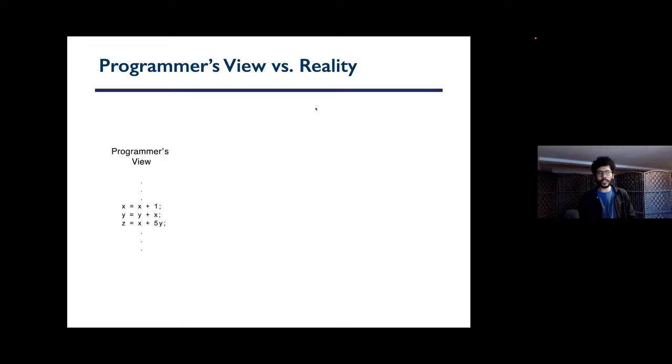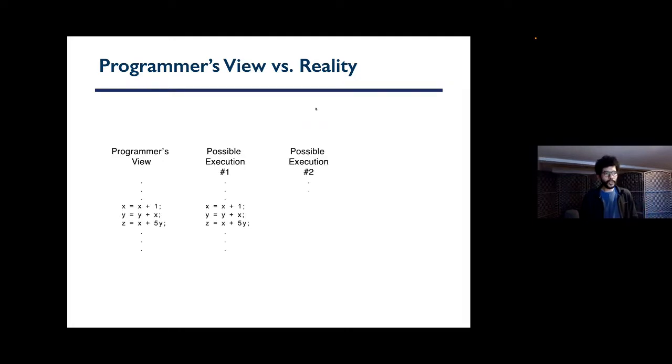So when you are coding, you have something like this: x equals x plus 1, then y equals y plus x, and so on and so forth. And when you're coding, your assumption is the first line executes, then you go to the second line, and then the third line. Now, in reality, that might actually happen, right?